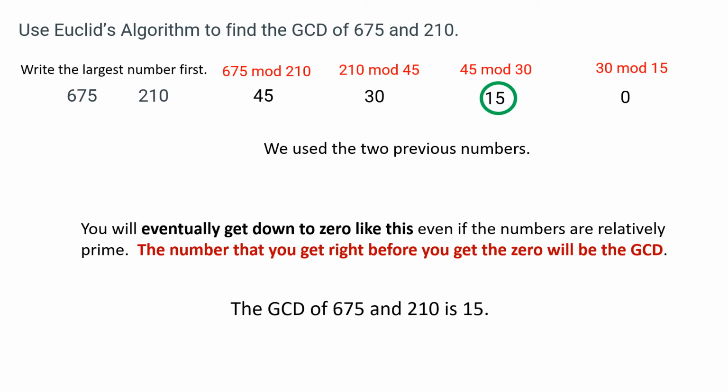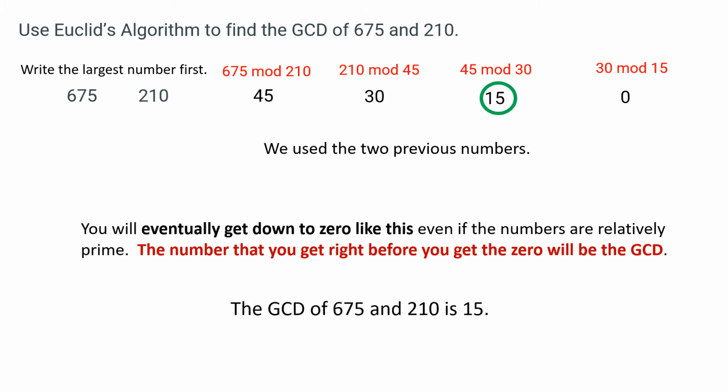Let me say this, as you're doing this, I'm not opposed to you using an online mod calculator that would perform these mod operations for you. You don't have to stop at each one and, for the first one, 675 mod 210, take as many 210s out as you can by hand and see what's left. I mean, that could take a little while.